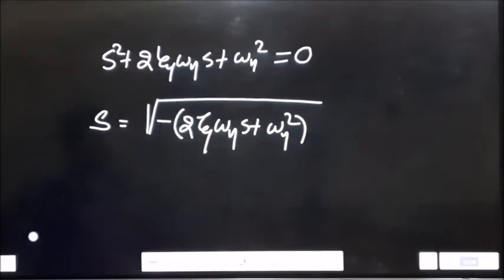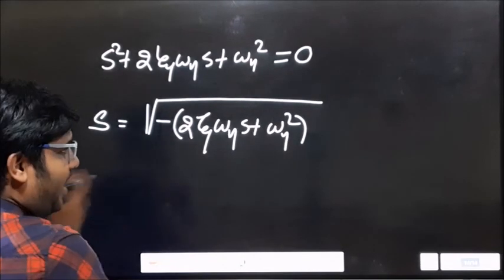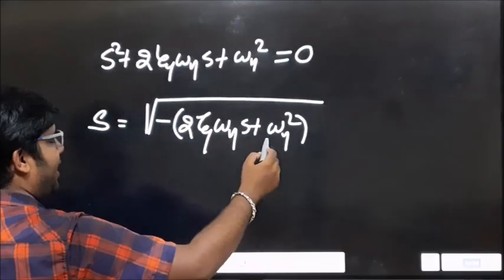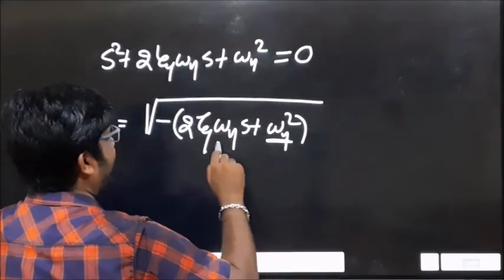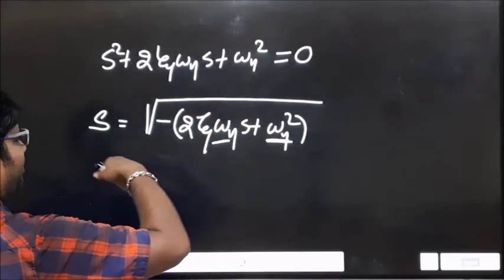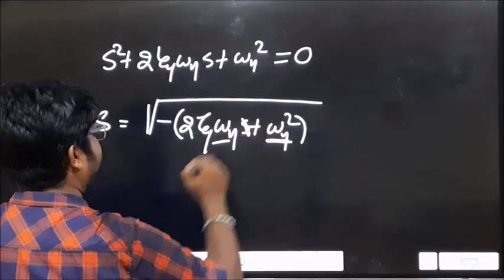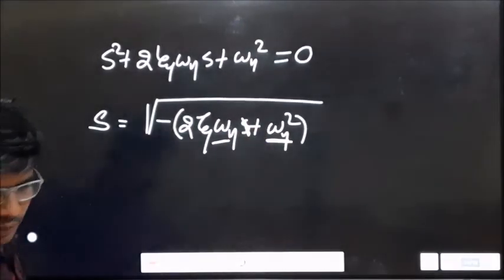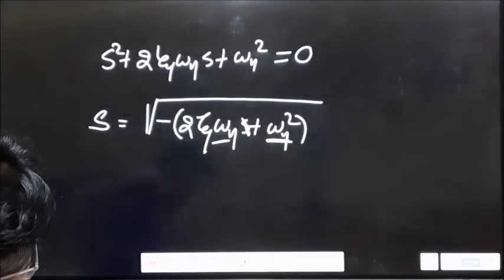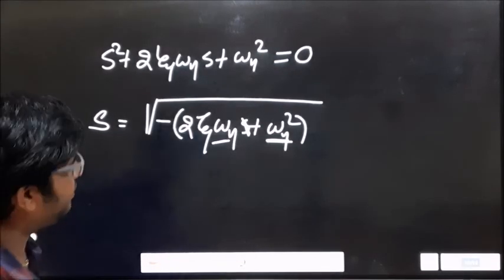Simple mathematics, not rocket science. But can you see one thing here? Omega n is available here, omega n is available here also. Do not bother about the s here. So 2 zeta omega n is on the left side, and omega n is also on the left side.